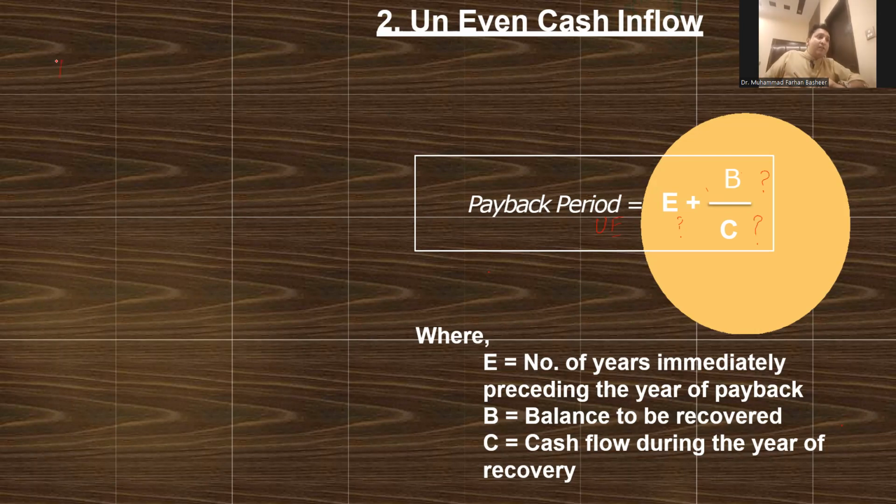Let's continue our same example where the initial investment was $75,000. Suppose the cash inflows were 10,000 during the first year, $15,000 second year, $20,000 third year, $25,000 fourth year, and $30,000 fifth year. Now let's draw a table.